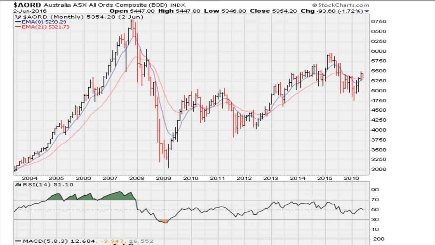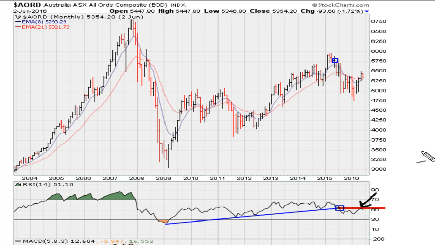Just want to show you what I think is happening here. We are coming back to test this break point. The break point on the monthly chart brought the market off the highs of 2015 here, and so we are coming back to test that level. As of right now, we are stalling, so let's just draw a line from there. You can see that we've come here, we've hit that red line, and we are pulling back with uniform action rejection.